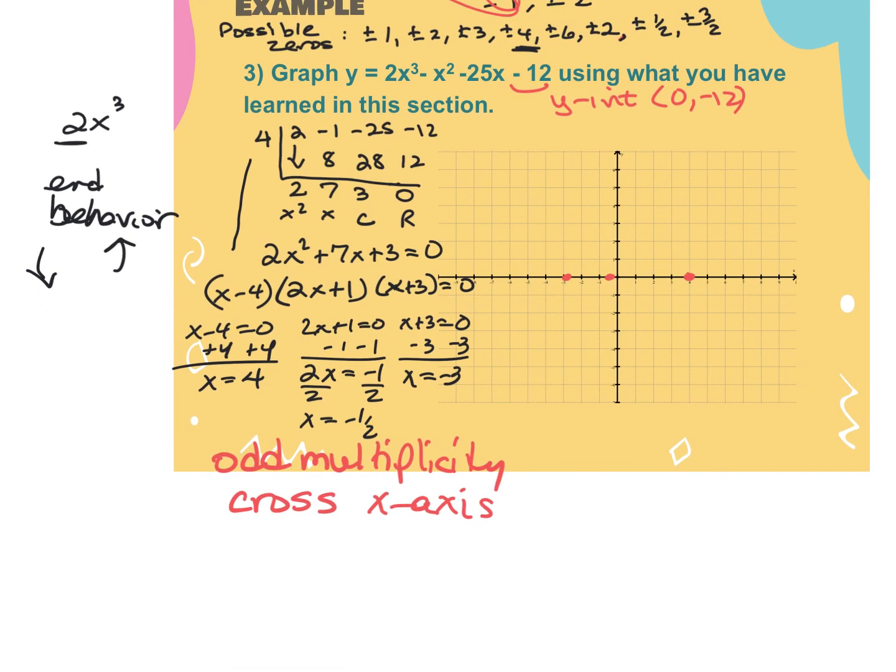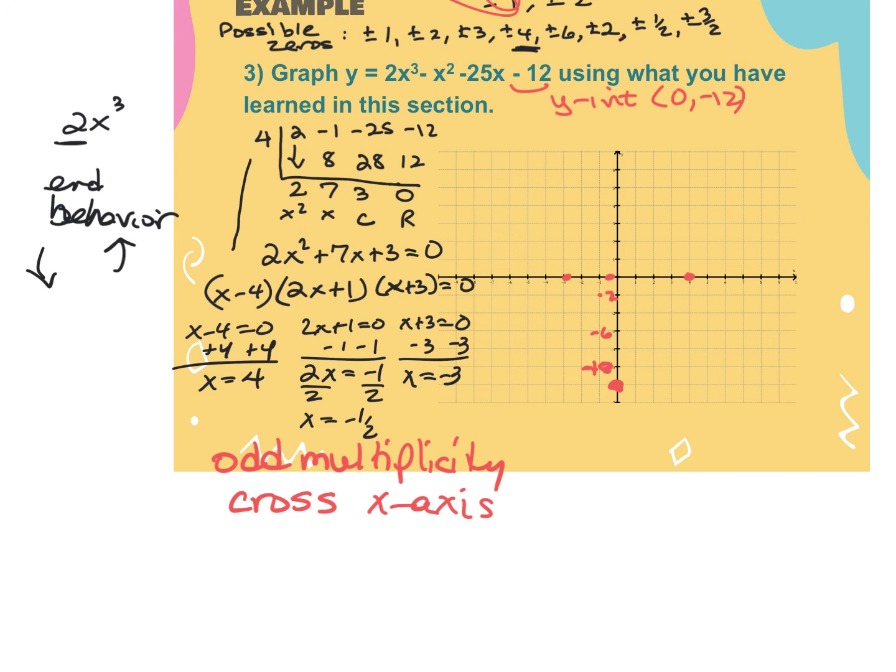And again, my graph, let me make it go by 2 so it's not so bad. So this would be negative 2, negative 4, negative 6, negative 8, negative 10, and then negative 12 would be down here. So there's my y-intercept.